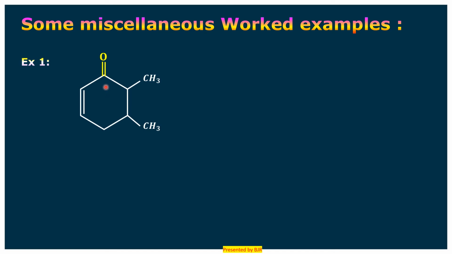The carbon atom attached to the ketone functional group must be assigned serial number 1, and I am numbering the carbon atoms in the ring starting from here in the anti-clockwise direction, because while numbering the ring, functional groups are given the highest precedence, next multiple bonds, finally substituents. For that reason, I am numbering the ring starting from here anti-clockwise.